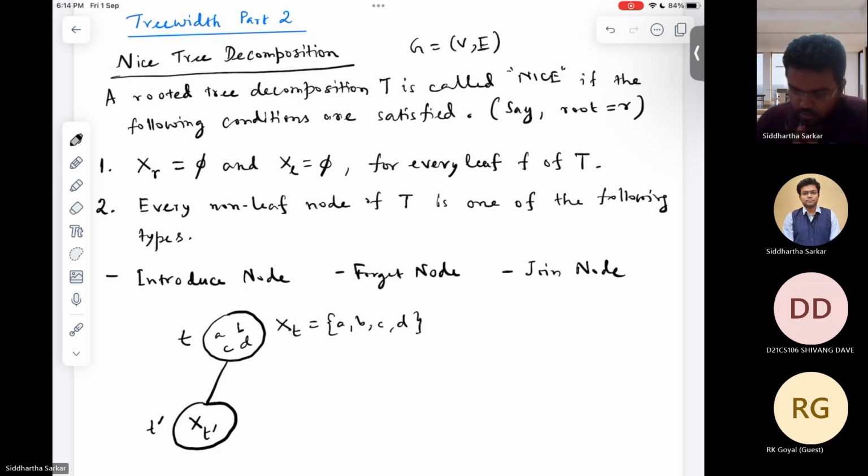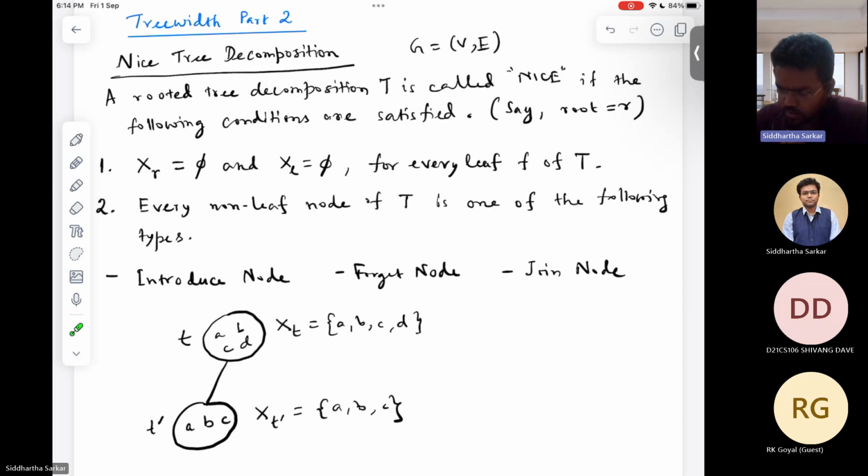X sub T dash, let us say, is ABC. If this is the case, what is the difference between the bag contents of T and T dash? There is only one new vertex which has been introduced in the bag. Earlier the bag was ABC, and now this bag has ABCD.